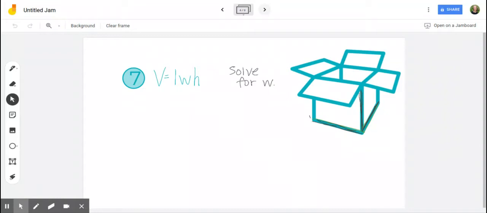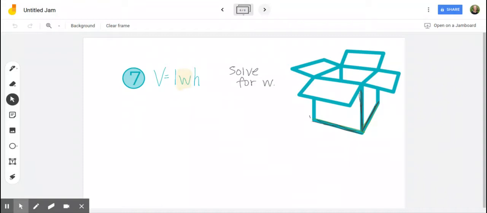So if I want to solve for W, I can see there's an L for length and an H for height on the same side. That means those two things have to go away. Okay, I'm going to break this one up. That previous problem, I divided by two things at the same time. This one, I'm going to divide by one just to show you the difference.